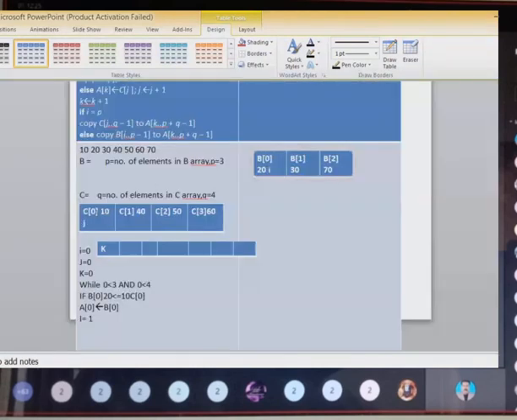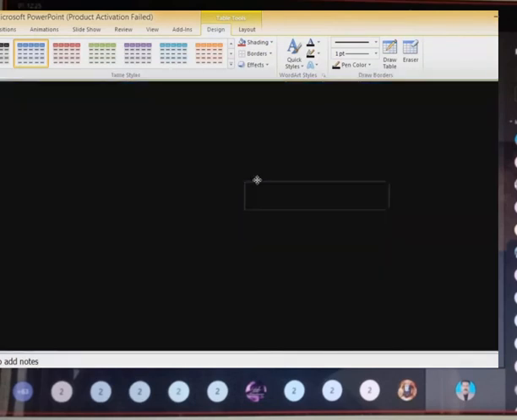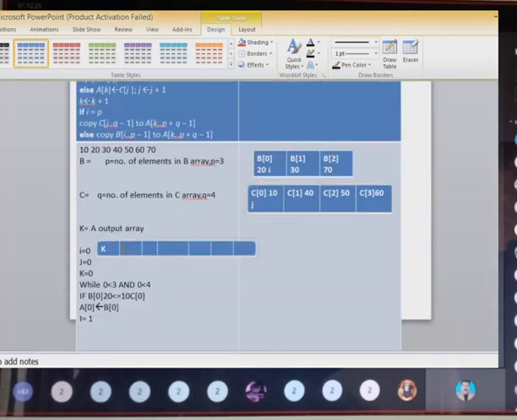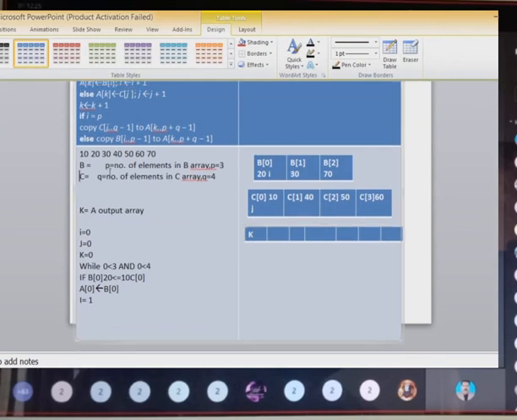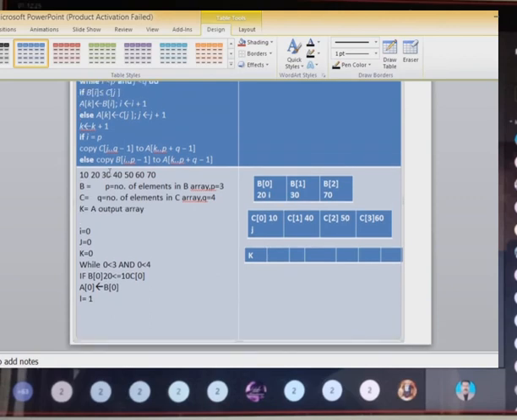This is B array. This is C array. This is output array. Now this condition is not satisfied.